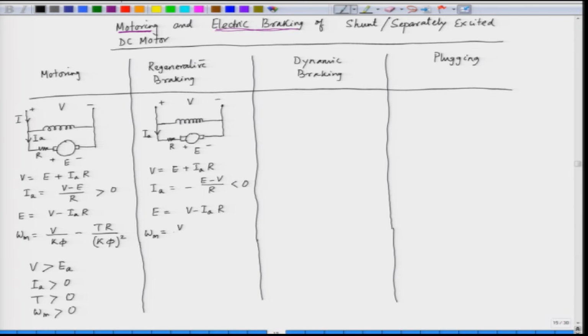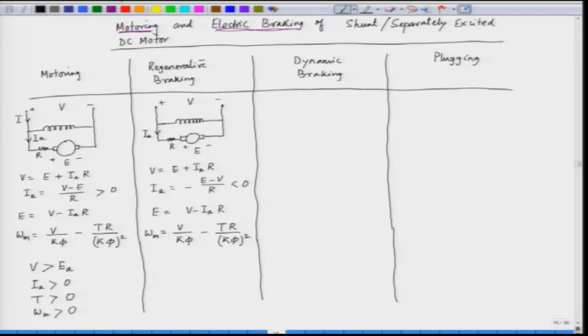Omega m is V by k phi minus T r by k phi square. Now, we see that the equations for motoring and regenerative braking are the same, but the operating zones are different. For motoring the current is positive, for regenerative braking the armature current is negative. So, that is one of the differences.